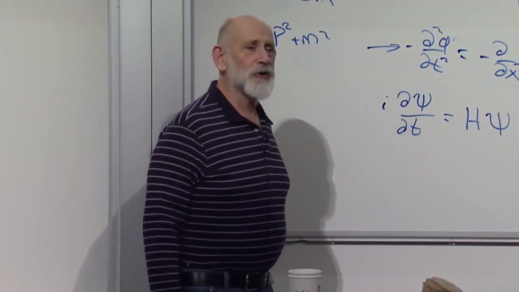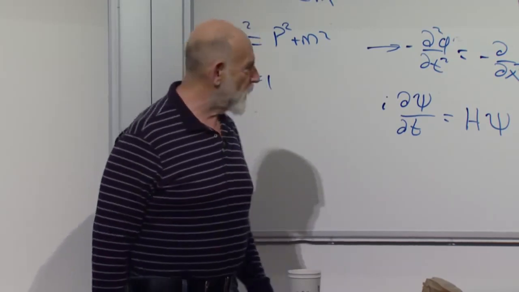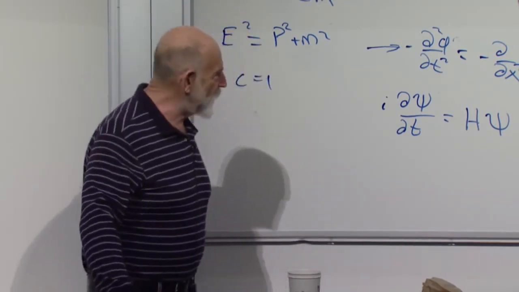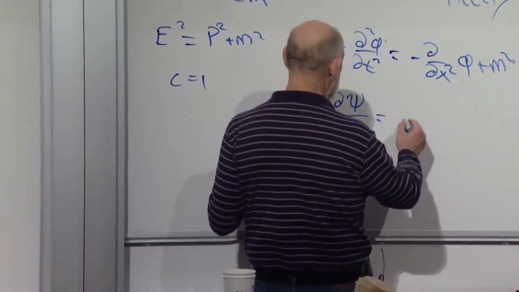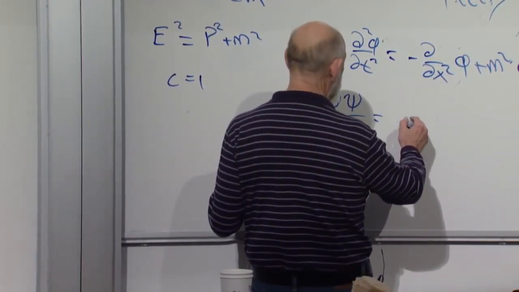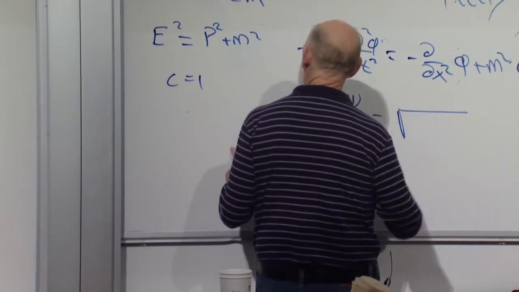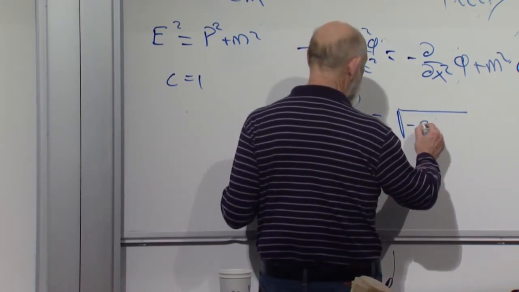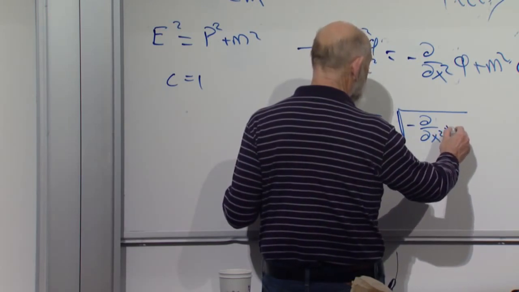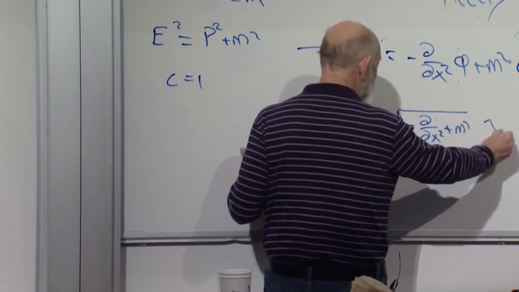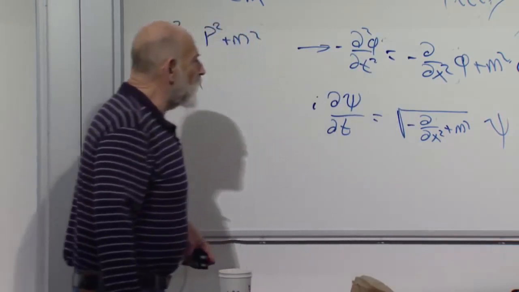He could just put here the square root of p squared plus m squared, and then write the following strange equation: i d psi by dt is equal to the square root of p squared, which is minus d by dx squared, plus m squared, psi. What on earth does that mean?